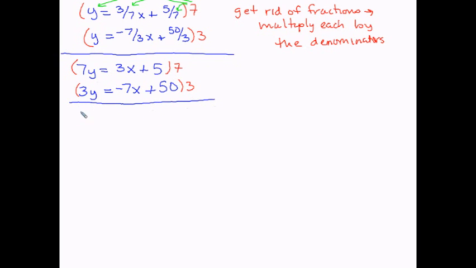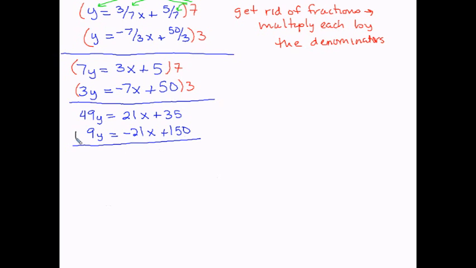So 7 times 7 is 49. 7 times 3 is 21. 7 times 5 is 35. 3 times 3 is 9. 3 times negative 7 is negative 21. And 3 times 50 is 150.